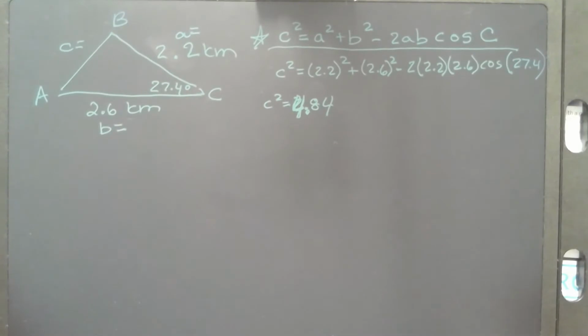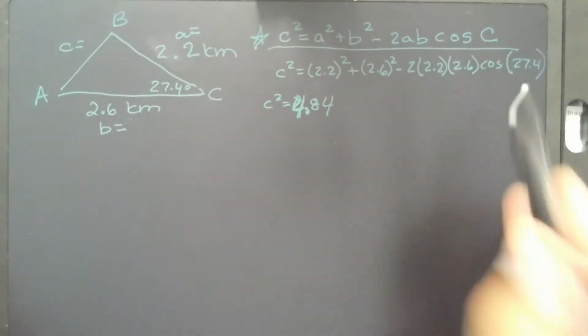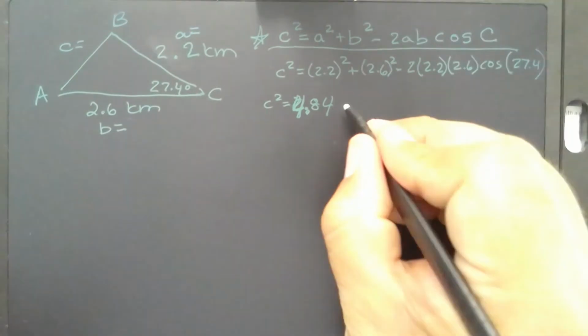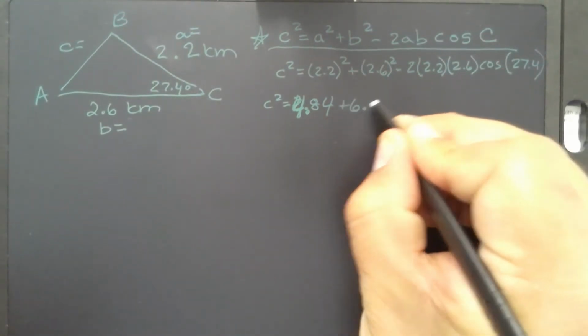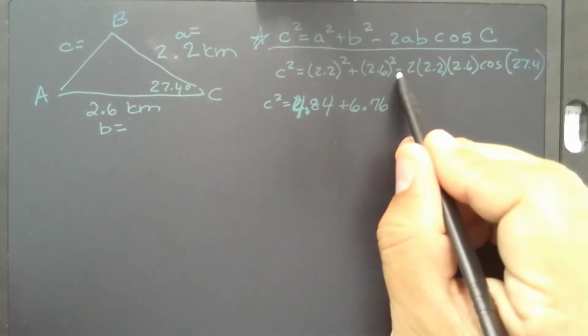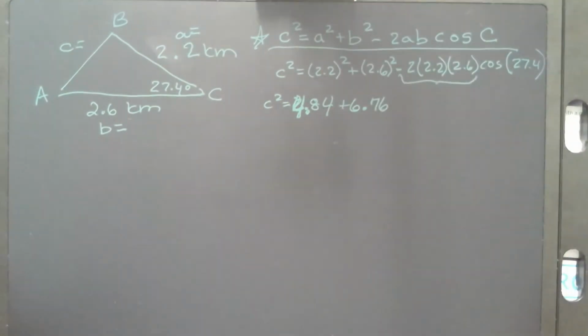All right. What's 2.6 to the second power? 6.76. Now, we need to multiply all of this.